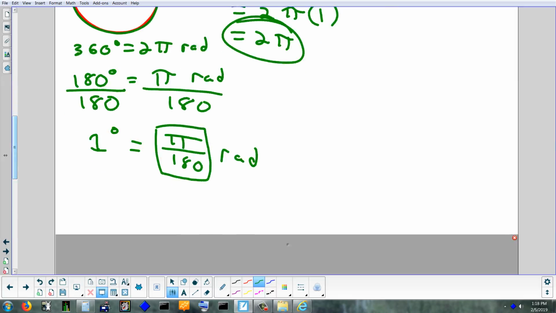Now, let's say I wanted to know how many radians in 2 degrees. What could I multiply each side of this equation by so I could turn this side into a 2?